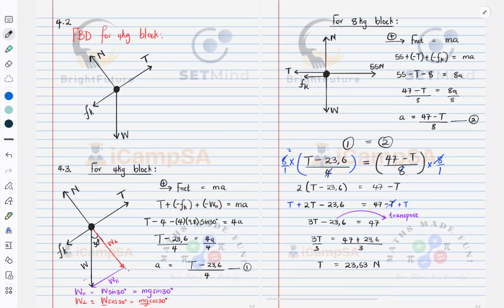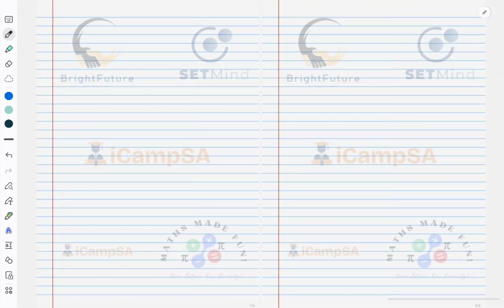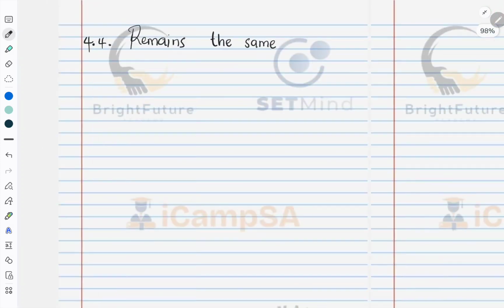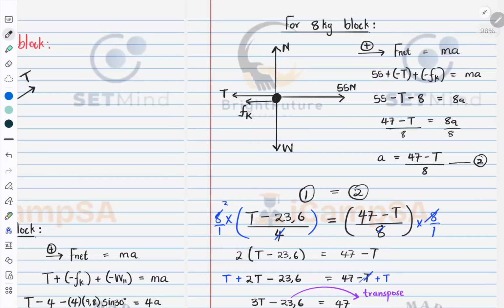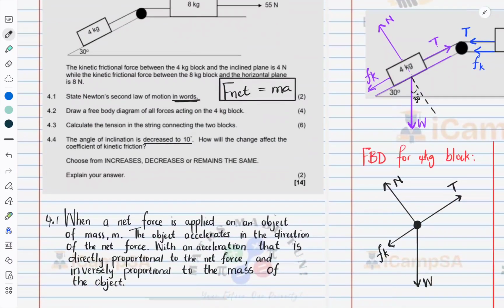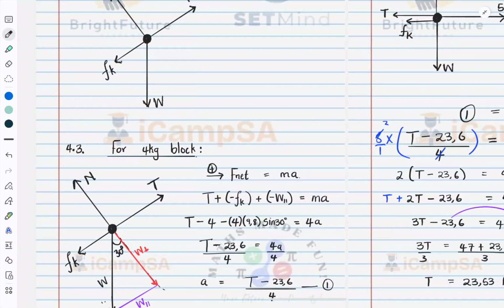What question is that? 4.4. We say it remains the same. Why? Because it is a property of the material or the type of surface.